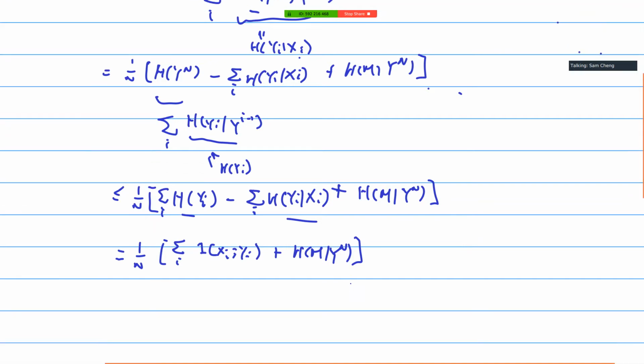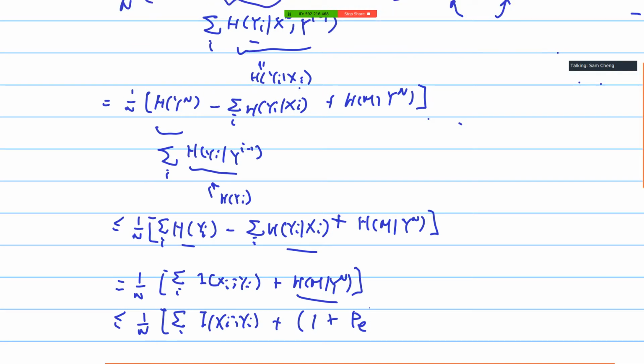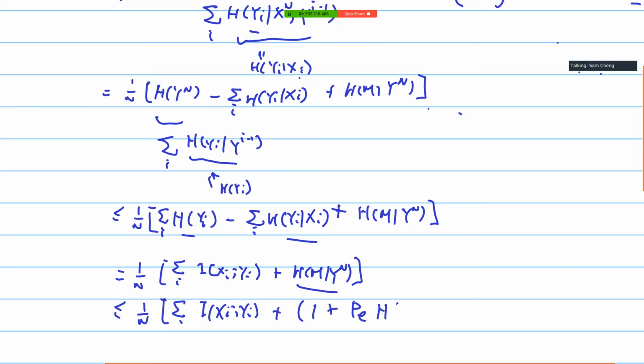Now we can use Fano. If you remember what Fano is saying, H(M given Y^n) is less than or equal to 1 plus P_e log|M|, I think. Yeah, something like that, right?